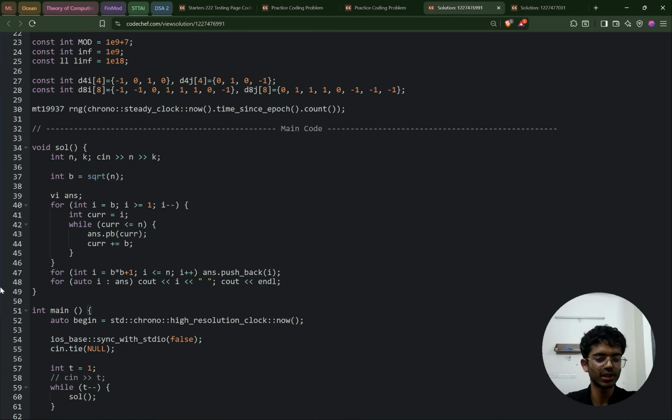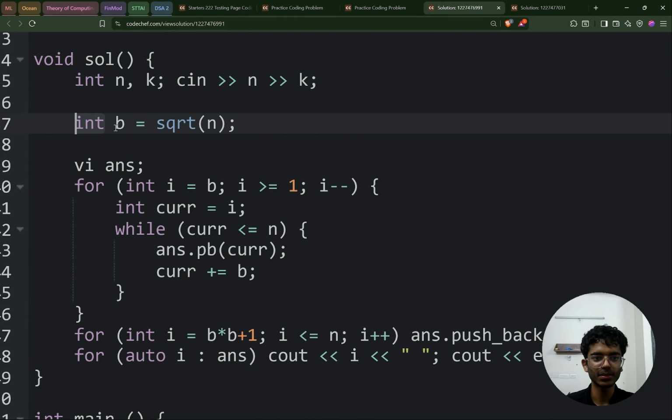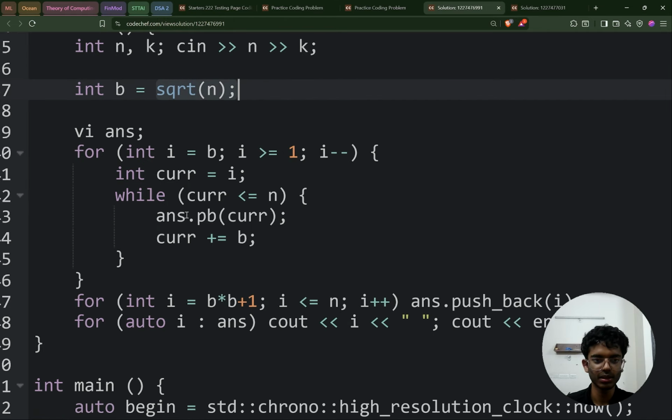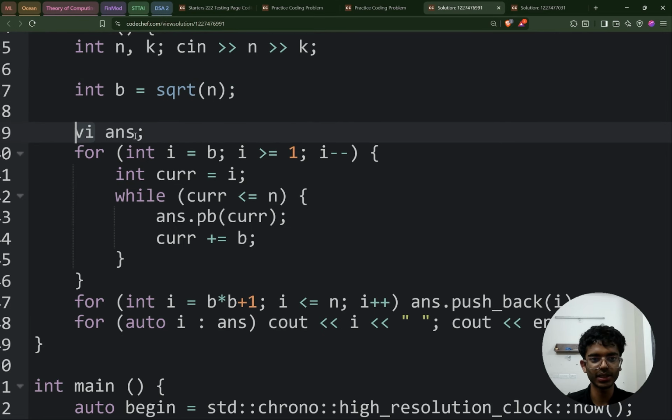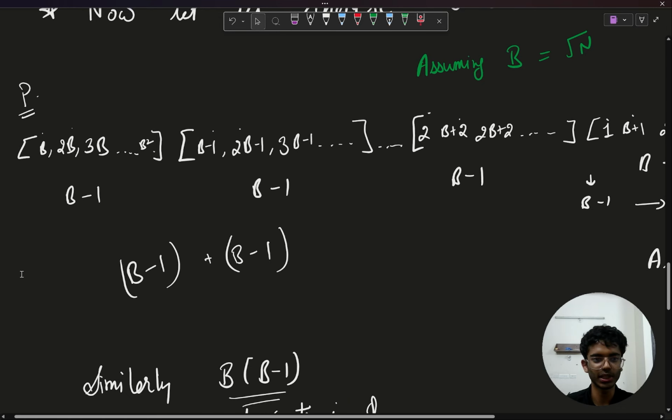So yeah, this is the solution in C++. We're taking an input of n and k. We're defining the number b as square root of n. Now we'll append everything inside our answer. We'll start from i equal to b. So this is how the groups need to be created, right? We'll start with i equal to b and create all of them. So b, 2b, 3b.